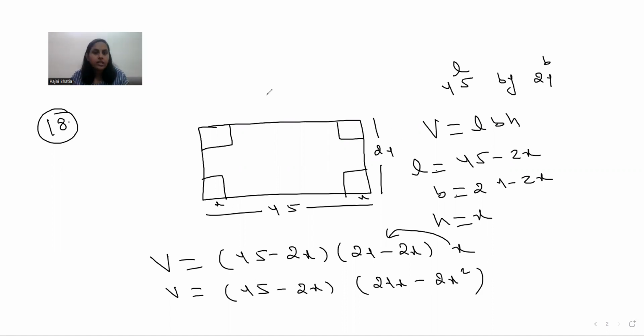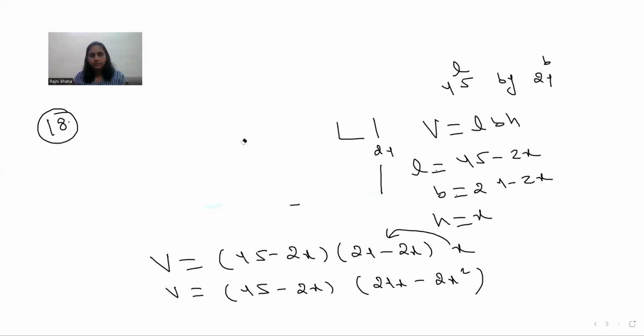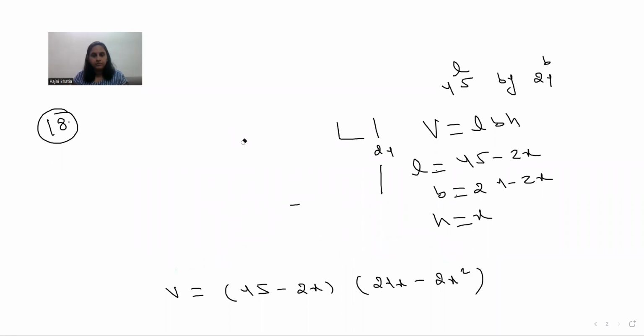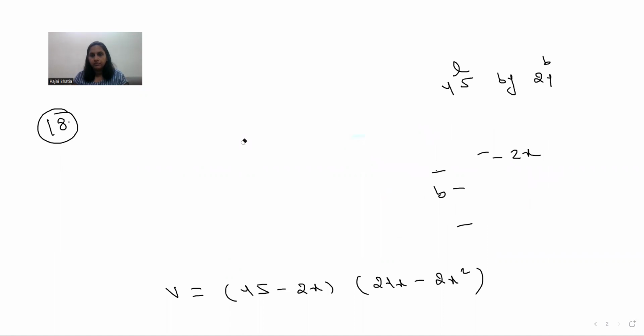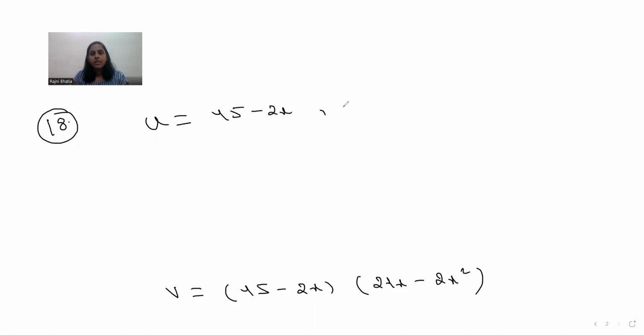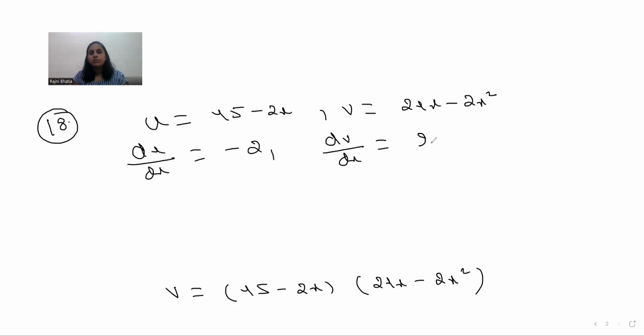And now we can apply the product rule to differentiate this. So if we apply the product rule, my u will be 45 minus 2x and my v will be 24x minus 2x square. So du by dx will be minus 2 and dv by dx will be 24 minus 4x.